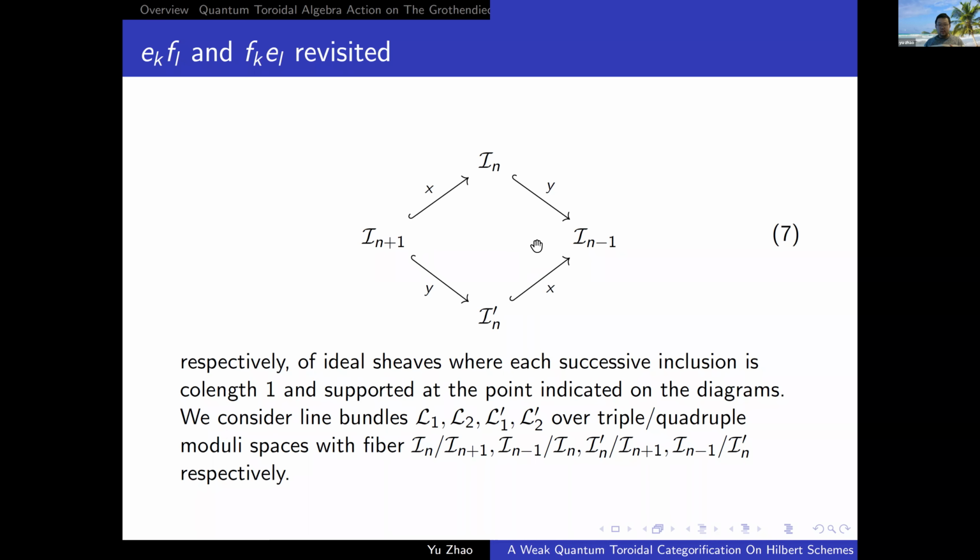So I think we will focus on the case that the surface is K3 or some sense of non-compact K3, for example, like A2 or like type AD resolution. So in order to do this, we need EK and FL to be biadjoint.